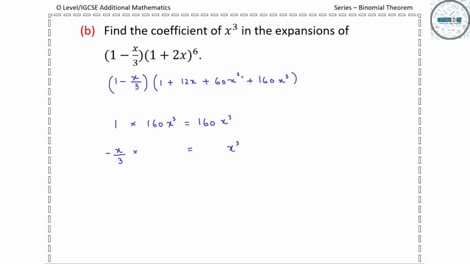It will be multiplied by 60x square, which will give the result in x cube. So we can cancel it out. It will be negative 20x cube. Now we will solve these two and we will get 140x cube.